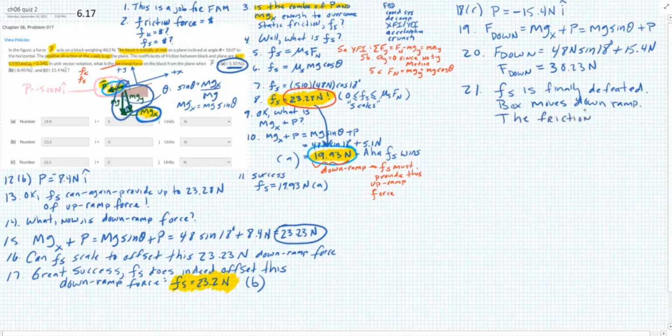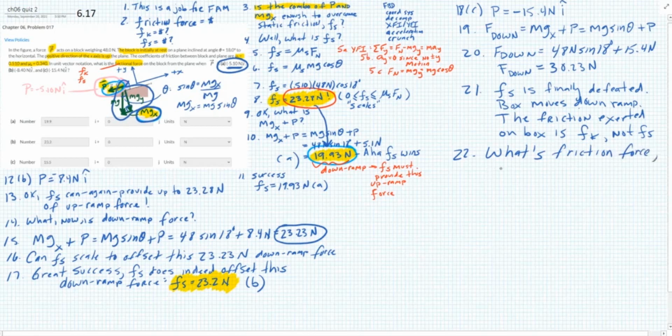The friction exerted on the box as it's now moving down the ramp is kinetic friction, F sub K, not F sub S. Because the question says, what's the friction force in the part C situation? The friction force is F sub K, because again, the box is moving. There's no more static friction.